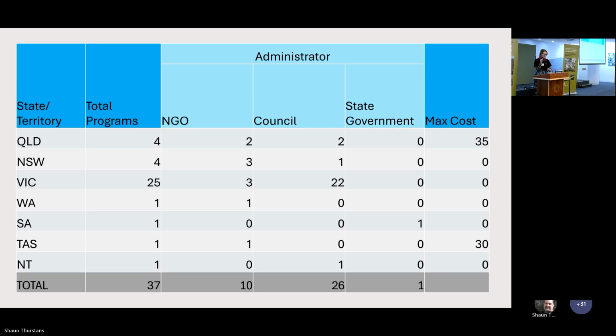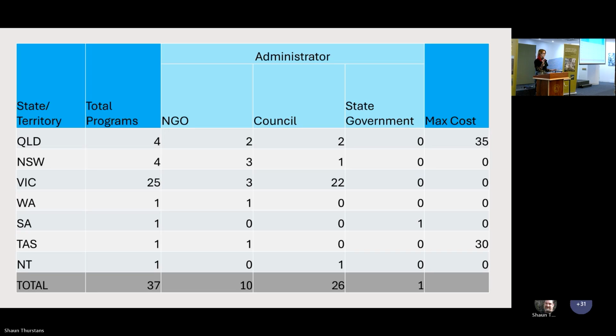Queensland and New South Wales ended up having 4 programs, and all of the other assessed areas just had 1. In Victoria, the majority of these programs ended up being run by councils, with everywhere else mostly run by NGOs, and then 1 program was run by state government in South Australia.